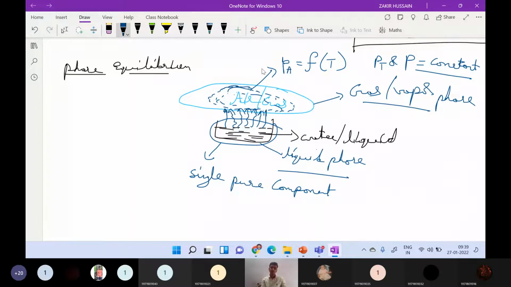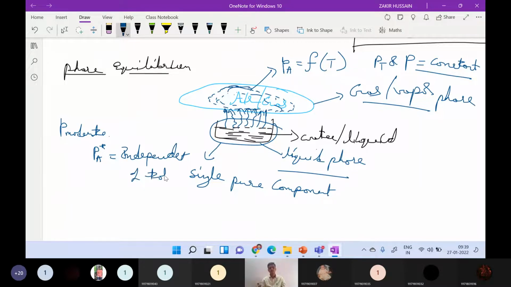Also, at moderate pressures, the equilibrium partial pressure PA star is almost always independent of the total pressure.